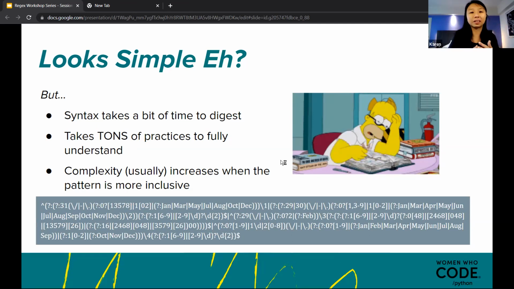The syntax itself, the grammar itself, takes a little time to digest because it's just like any other language, and it also takes tons of practice to understand.